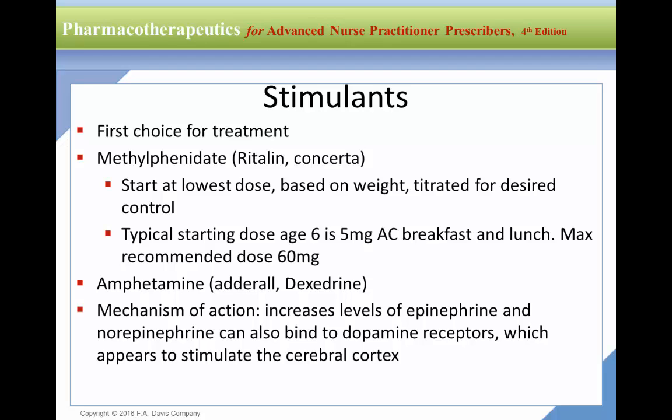Can't forget that. You have to start with a low dose. Your prototype will be methylphenidate, which is Ritalin or Concerta, even though you could use amphetamines such as Adderall. And as I told you, basically you will be increasing the levels of these catecholamines, which are epinephrine, norepinephrine, and dopamine, at the level of the cerebral cortex.